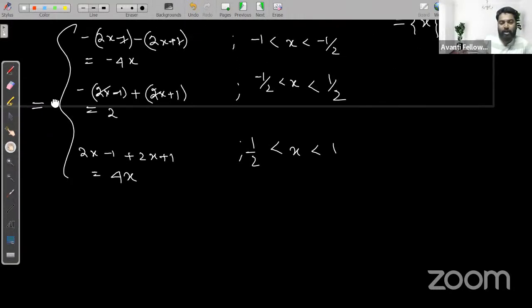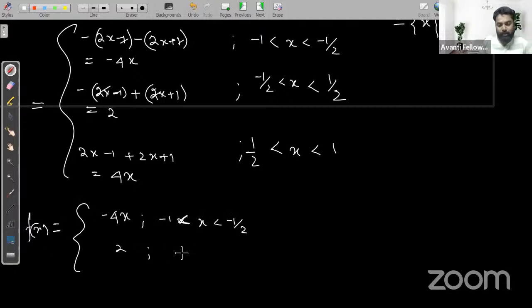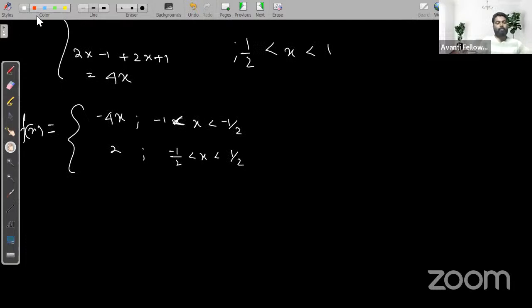If we write it properly, f of x is equal to minus 4x when x is lying between minus 1 to minus 1/2, it is giving you 2 when x is between minus 1/2 to 1/2, and it is giving you 4x when x is between 1/2 to 1, right?